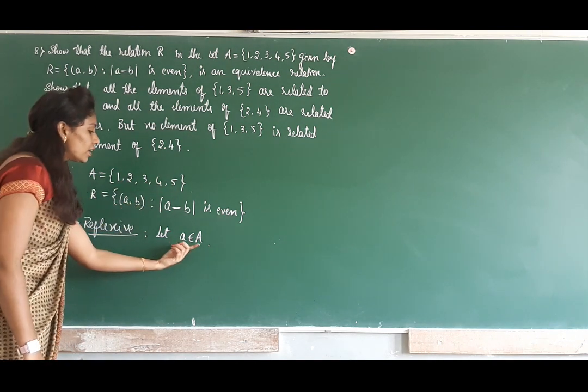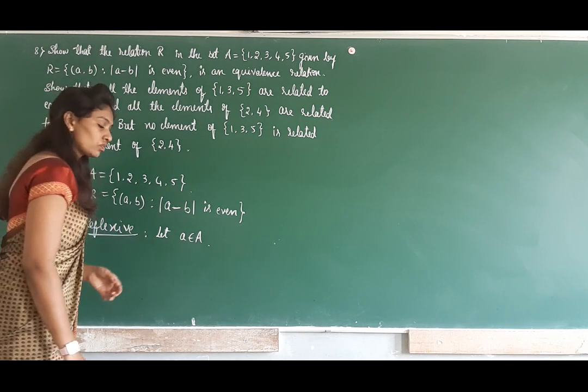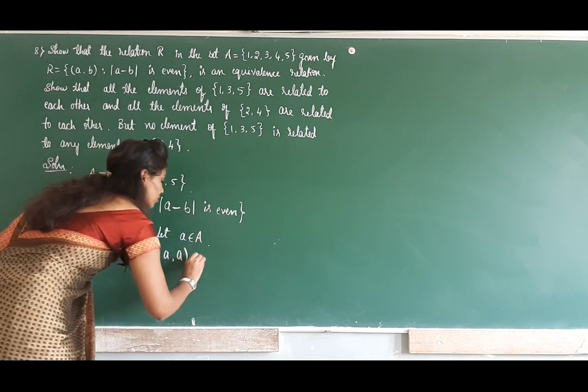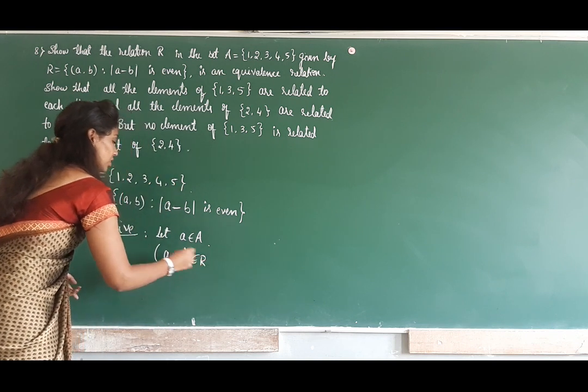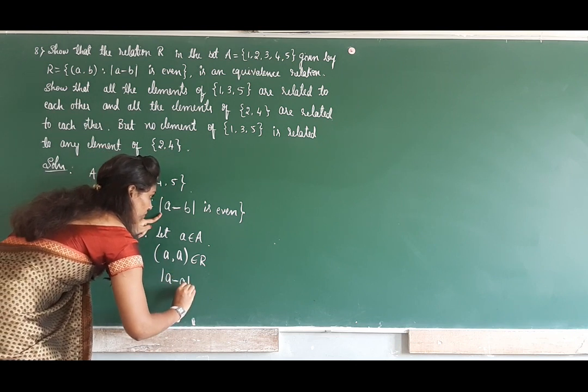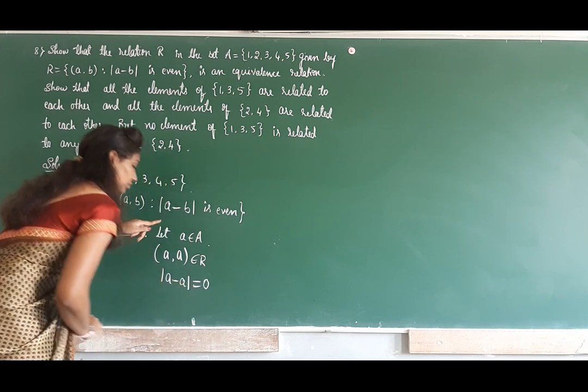For the reflexive we have to check that (a, a) belongs to R. Obviously (a, a) belongs to R because the modulus of a minus a is equal to 0.